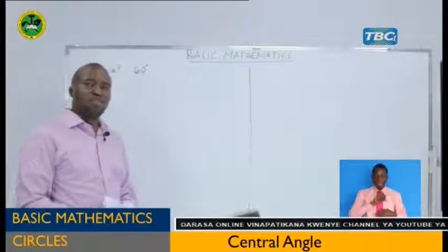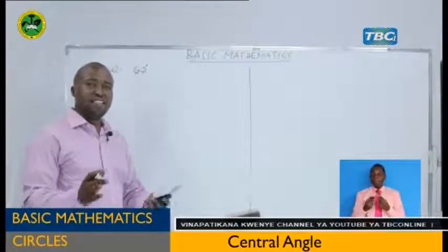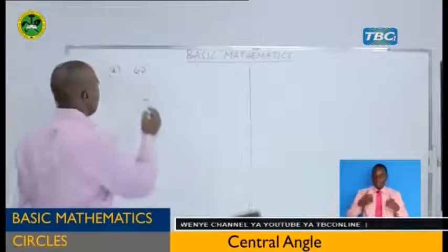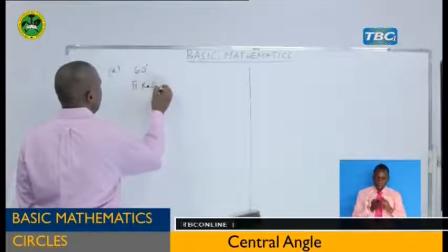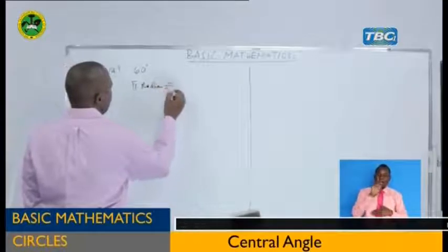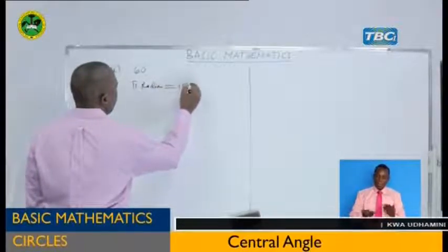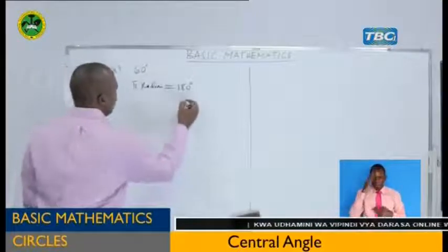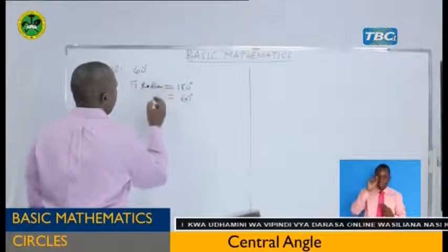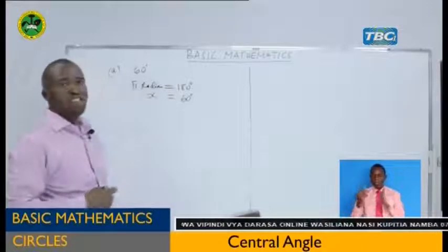I'm sure you know the relationship between radian measure and degree measure. That is pi radians is equal to 180 degrees. Now what about when it is 60 degrees? We need to find the radian measure.